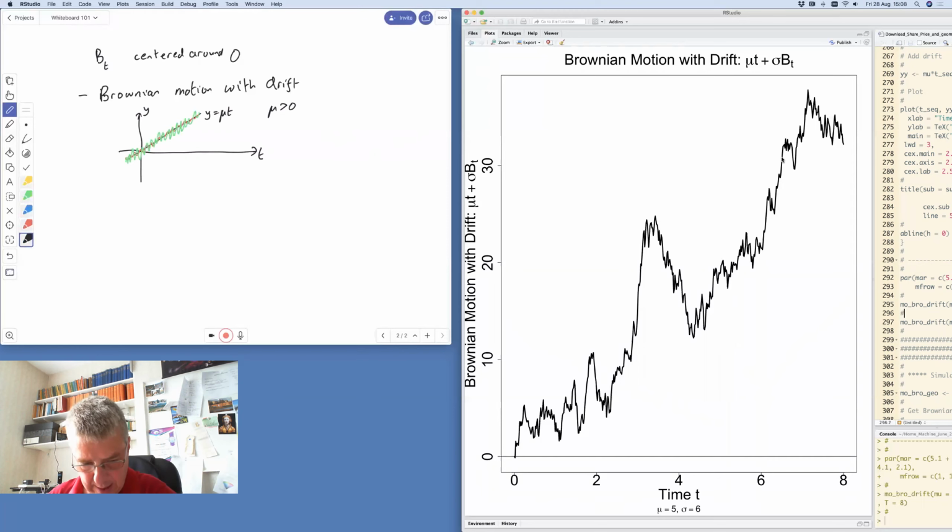So that means that the Brownian motion with drift model is a straight line plus Brownian motion, but that can be multiplied by a constant sigma so that we can make it spread out as we wish. So sigma contains, well, let's put it this way. The larger sigma, the greater the wiggle.